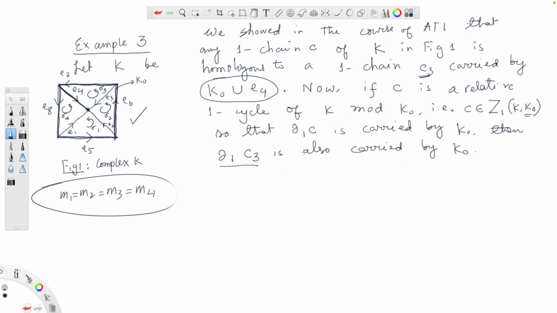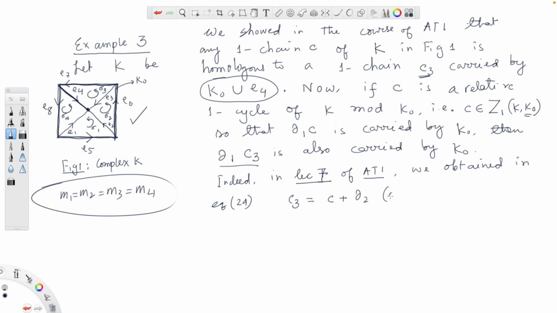Okay, so how do we see this? Indeed, in lecture 7 of algebraic topology 1, we obtained, I'm also writing the number of the equation where it was obtained, in equation 24, that C3 is equal to C plus delta 2 of A sigma 1 plus B sigma 2 plus D sigma 3.